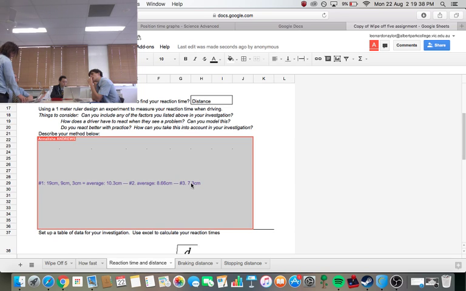It says using a 1 meter ruler. It's telling you you have to use a 1 meter ruler. That's not fun. Don't make this all safe. Alright, let's use the difference of that. You get 7.3. Try and drop it for me. Yeah. I saw it in my hand. Reaction time.